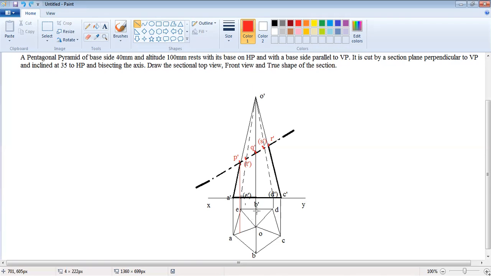So we have to extend this Q point to the last edge using this horizontal line.